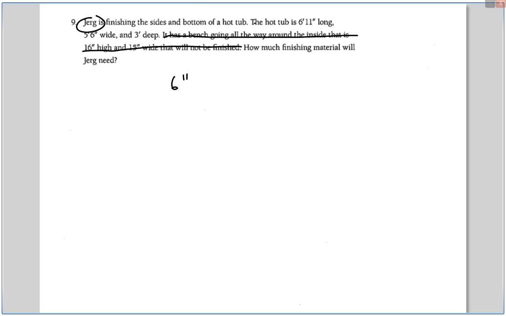Okay, so 6 feet 11 inches by 5 foot 6 inches by 3 feet. So right away you can see feet and inches. So what I would do is I would make this all inches.